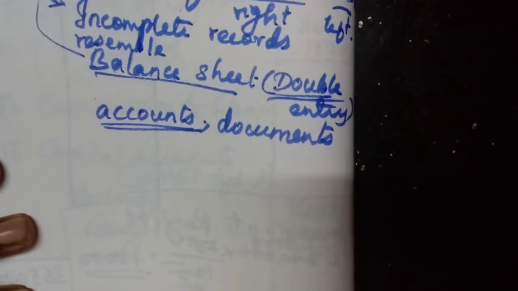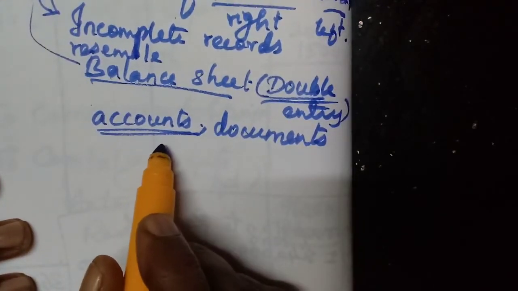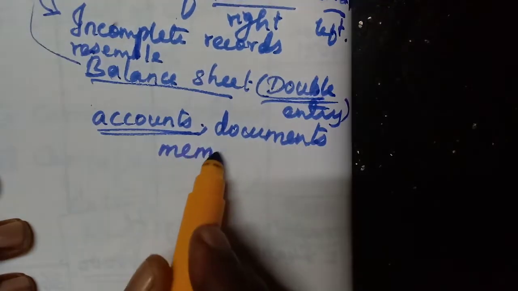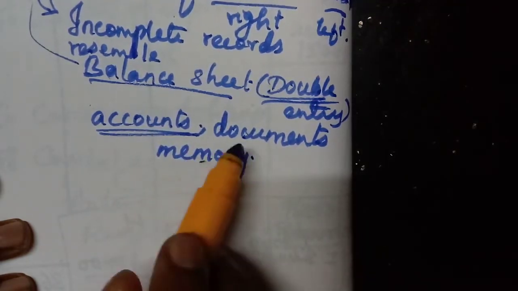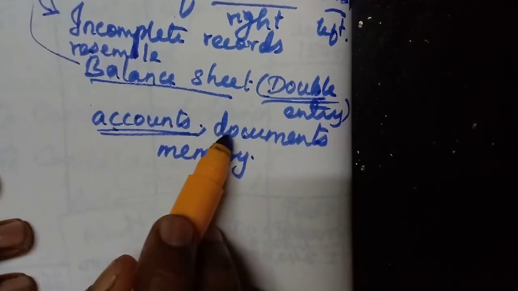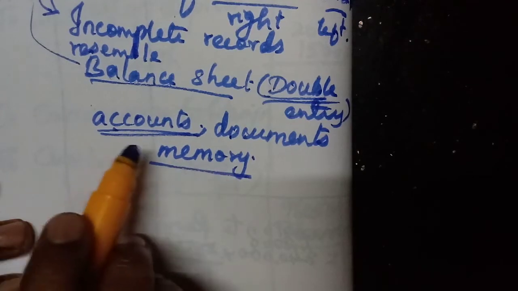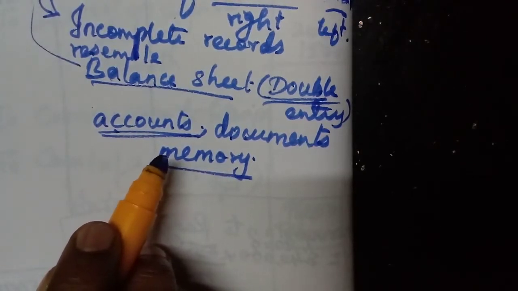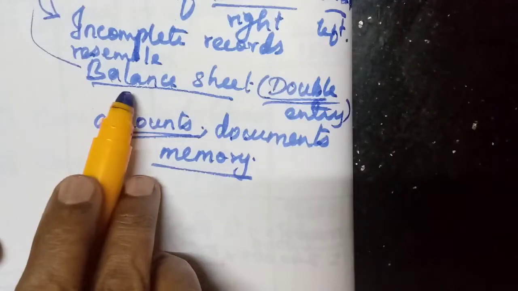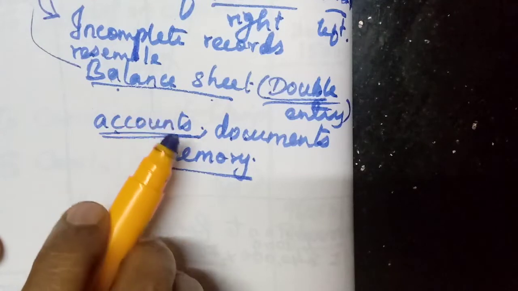And some others will be from their own memory, which they might not have written in any document or in the books of accounts. Just from their memory, they will write some of the accounts. That is why it is not exactly like a balance sheet, but it resembles a balance sheet.